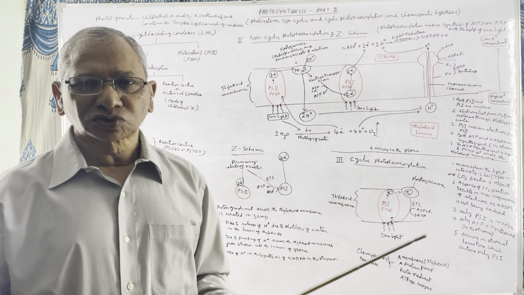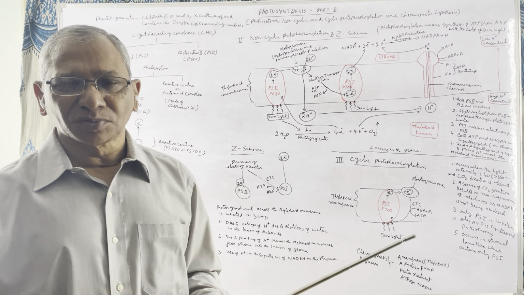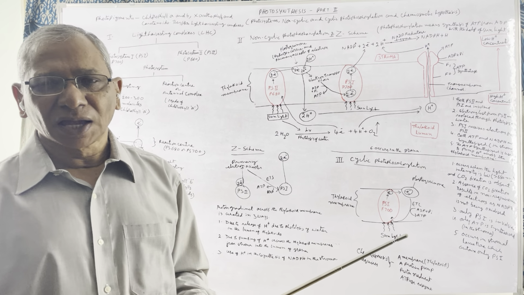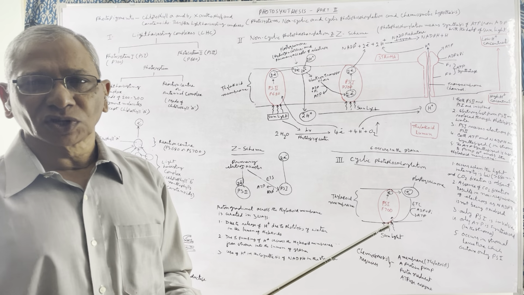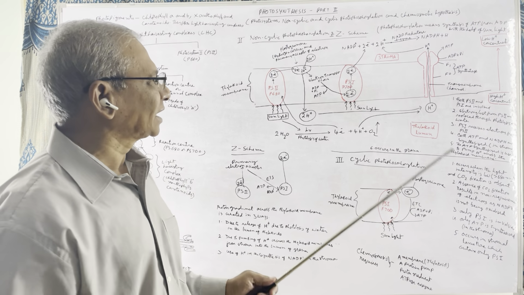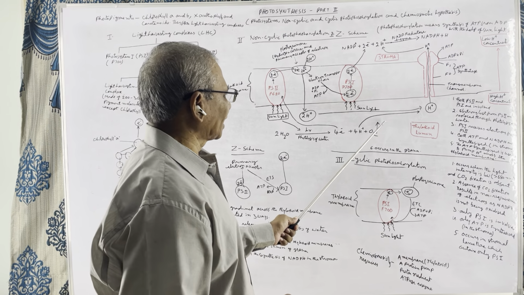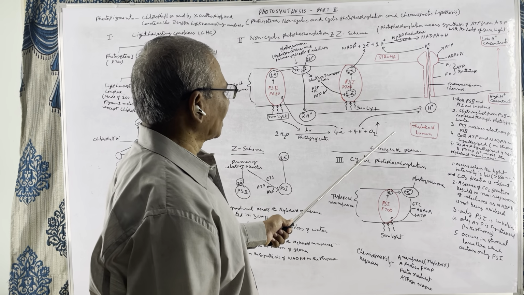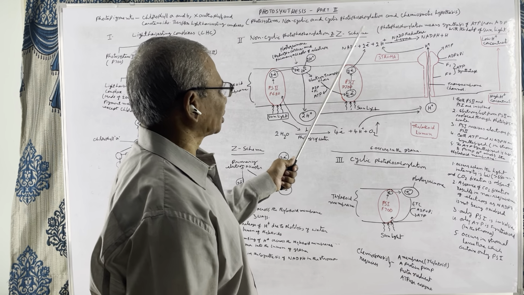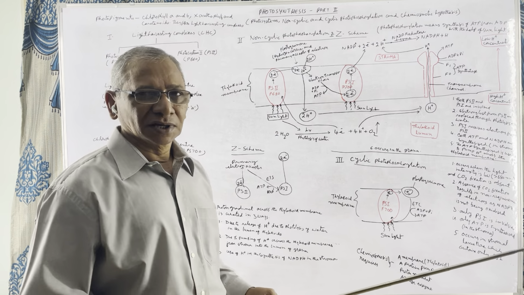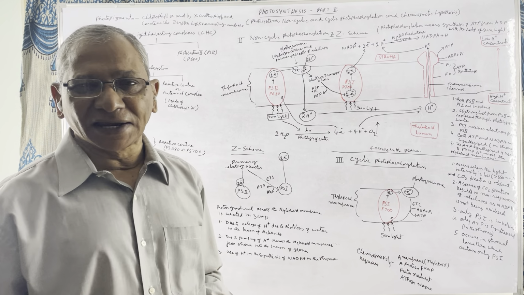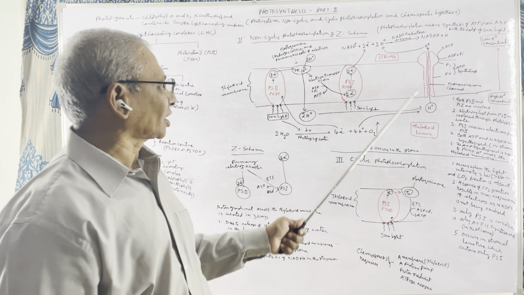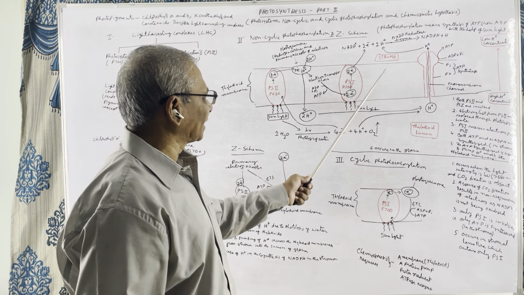Water moves across a semi-permeable membrane from higher water potential to lower water potential. Here also, the hydrogen ions or protons move from higher potential to lower potential. It means a hydrogen ion gradient is established across the thylakoid membrane.